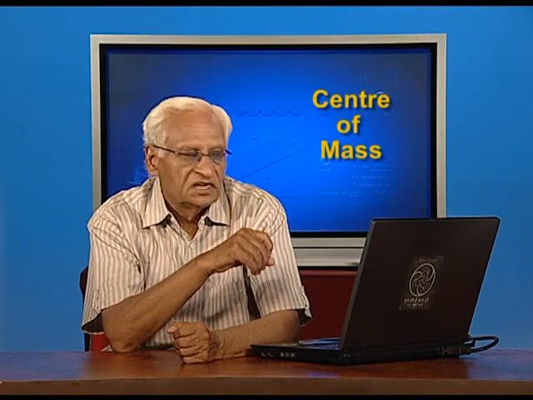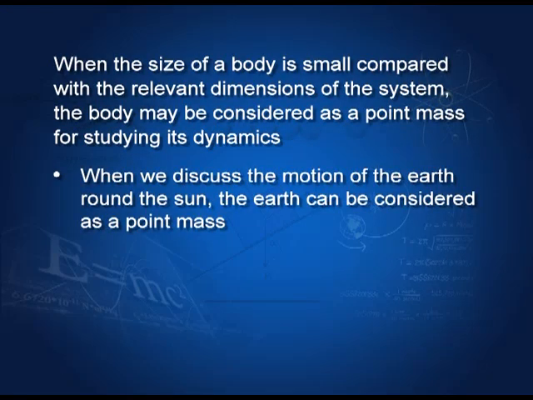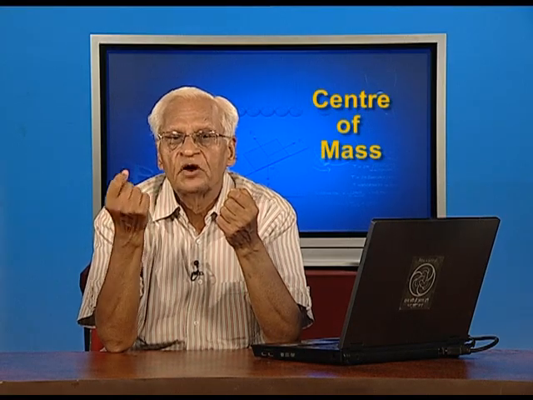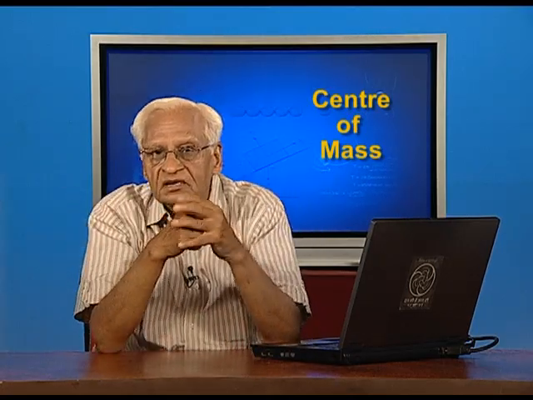What it means is this. Let us take examples. For example, you are studying the motion of the earth around the sun. In that, you can consider the earth as a point particle or a point mass, because the size of the earth is small compared with the dimensions in which the whole phenomenon is being considered.